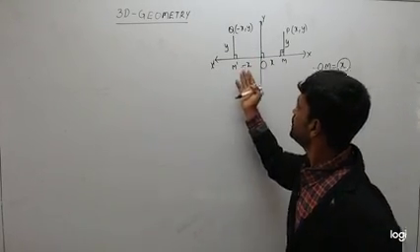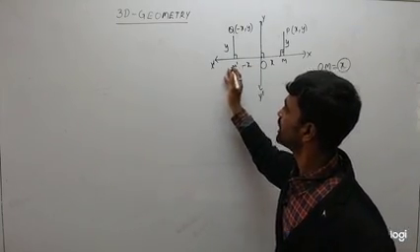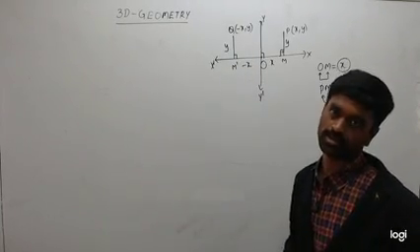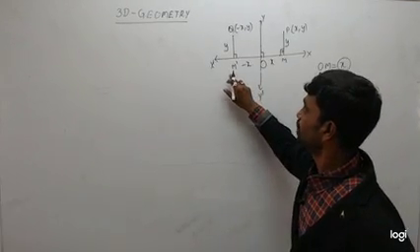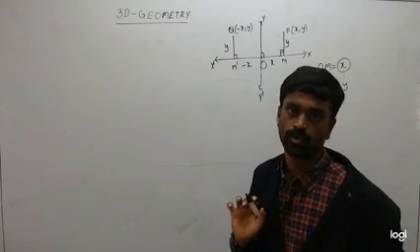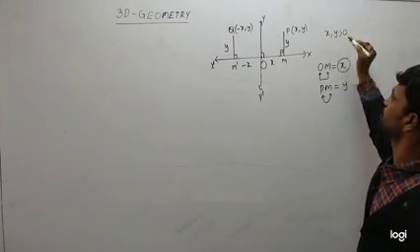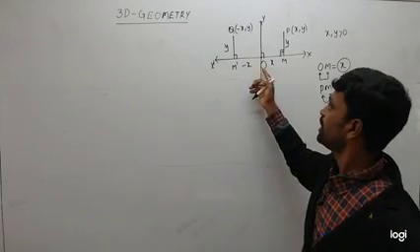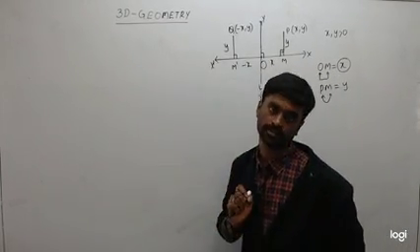Why is it negative? Because M dash is on the negative x axis, so the algebraic distance between O and M dash becomes negative. Here I am assuming that x and y are some positive values. So the algebraic distance between O and M dash is minus x.